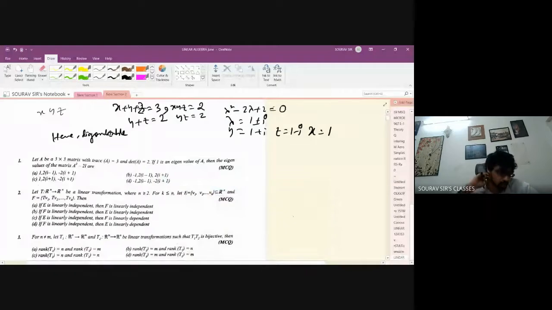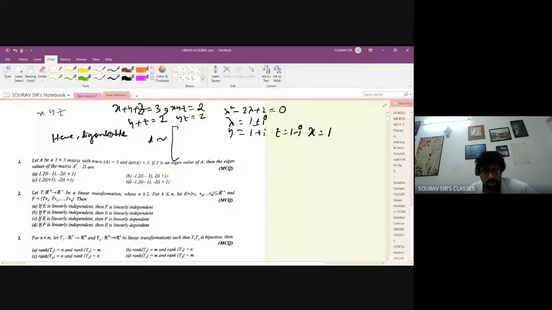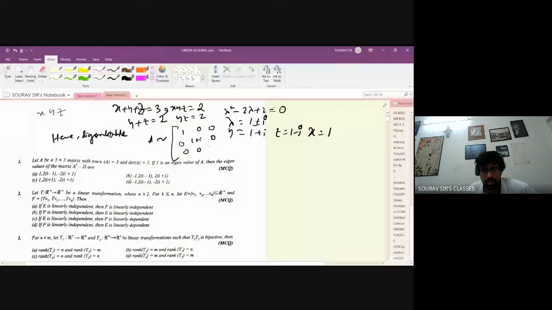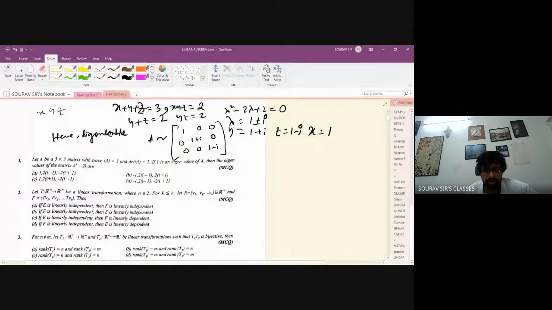Next part is, once it has been guaranteed that we can diagonalize the system, it becomes very easy for us. So A is diagonal with 1, 1 plus i, 1 minus i, the eigenvalues. That's the principal diagonalization.